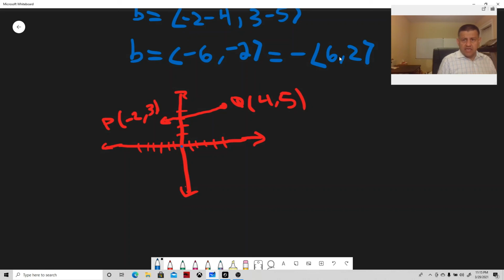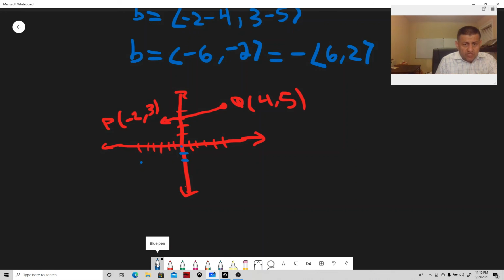So it's negative 6, right? We go 1, 2, 3, 4, 5, 6, and we go down 2, right? So here, 2, and we sketch it like this. So I guess like that, maybe down a little bit, maybe around that, right?